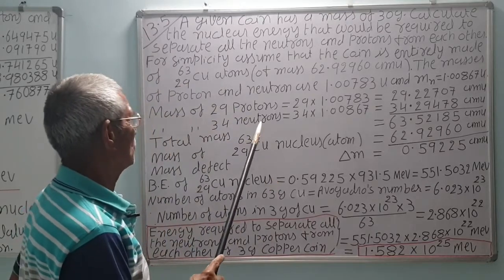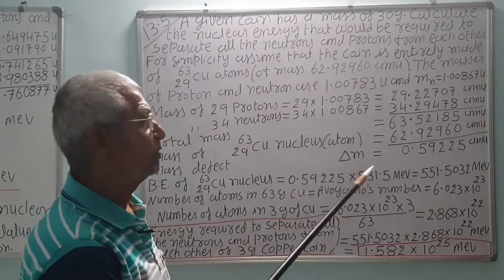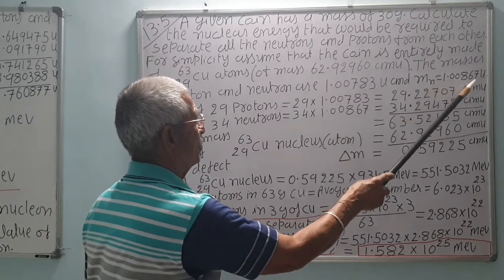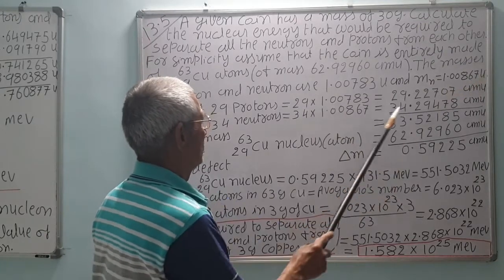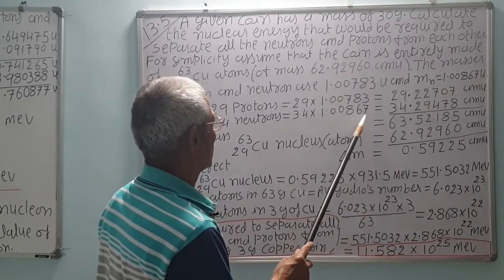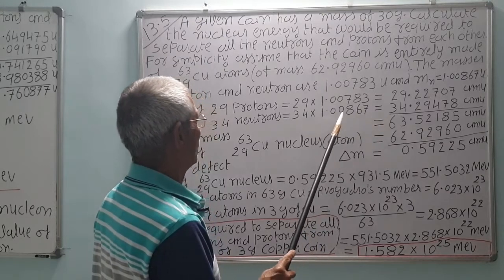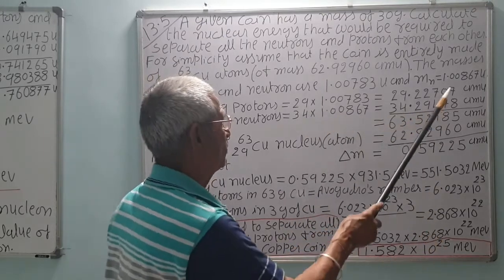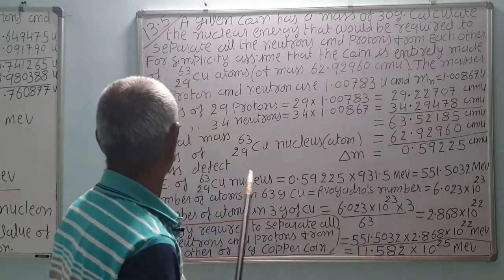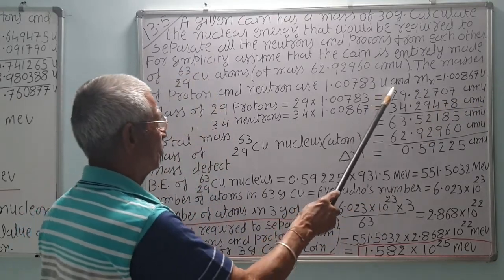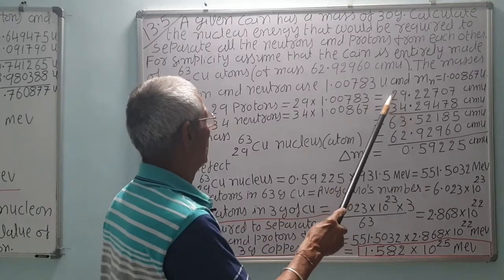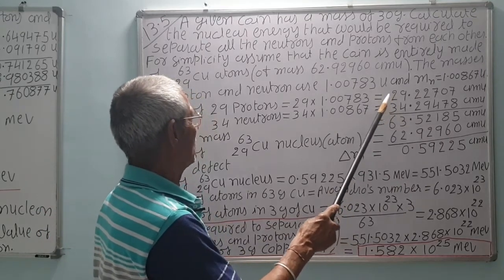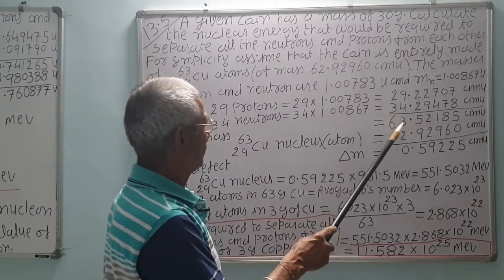The mass of 34 neutrons is 34 multiplied by mass of a single neutron, 1.00867 atomic mass unit, that comes 34.294798 atomic mass unit. The total of these two, 29 proton mass and mass of 34 neutrons, is equal to 63.52185.